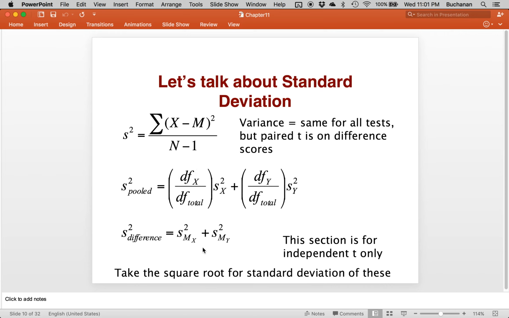The degrees of freedom isn't really changing. It's just that we have 2 groups, so we add them together to get 1 degree of freedom. And so this is pooled variance. Remember, I'm trying to go from having 2 groups and 2 standard deviations to 1 standard deviation for the t distribution that we're going to estimate. And we're going to do that by weighting an average, a weighted average.